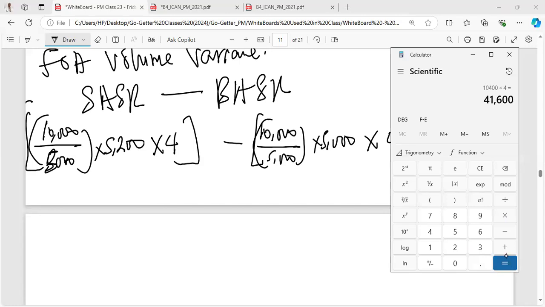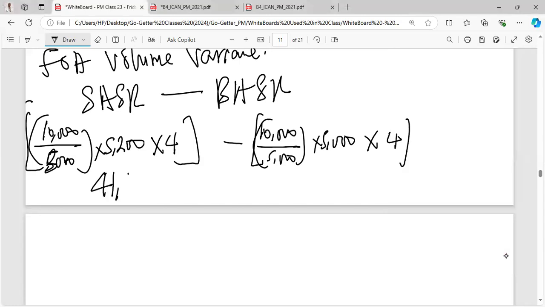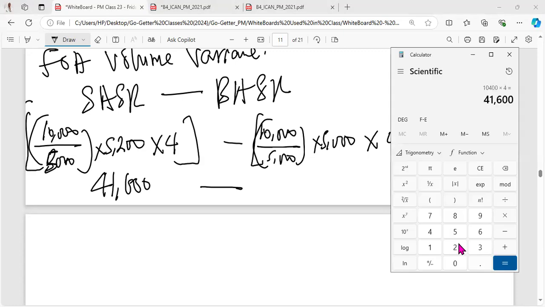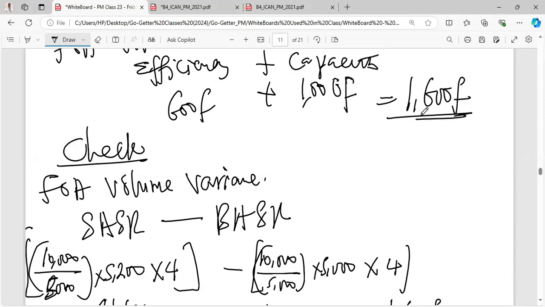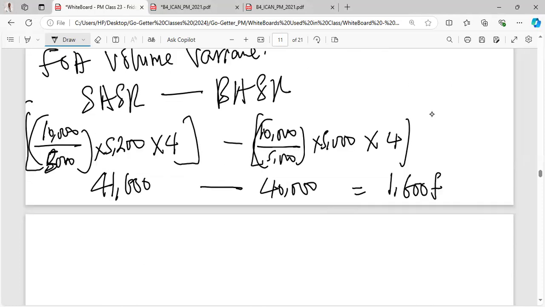That gives me 41,600. 41,600 minus this, which is 2 multiplied by 5,000 multiplied by 4. That gives me 40,000. Minus them together, it gives me 1,600 favorable, which is what we got here. 1,600 favorable.